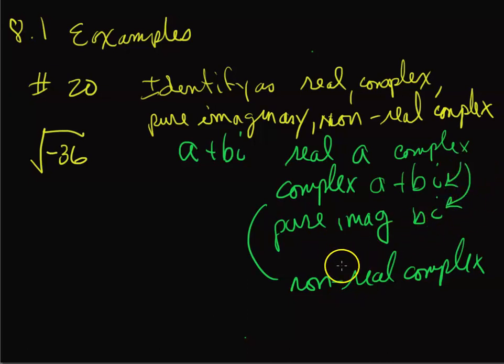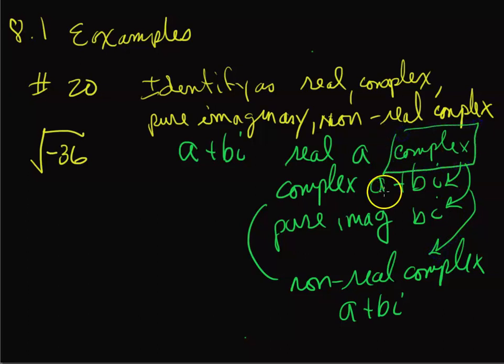A non-real complex number is a plus bi. So complex is sort of a generic, anything works for this, because everything in every set that we're talking about, at least for these numbers, is a complex number. So all of them are complex. Some of them are also real, just real. Some are pure imaginary. Some are non-real complex. That needs that i in there.